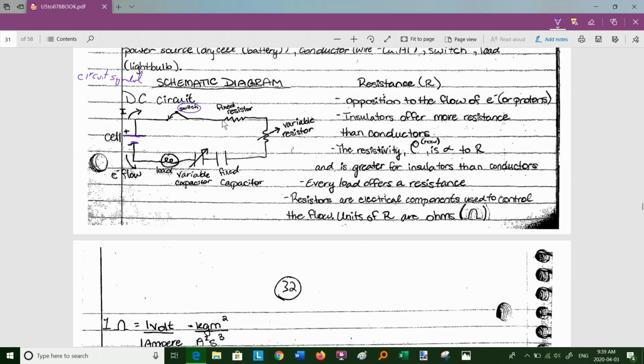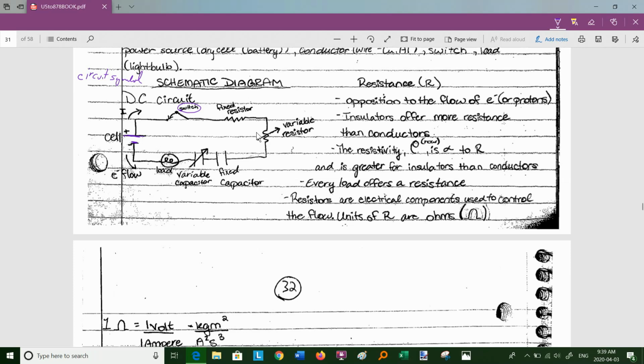A fixed resistor, which means it's an electrical component that offers a given resistance. It's fashioned that way. A variable resistor, which allows you to change the resistance, the flow of electrons through the current. For example, a rheostat is an example of that, a dimmer switch on a lighting, or a volume control on your radio.